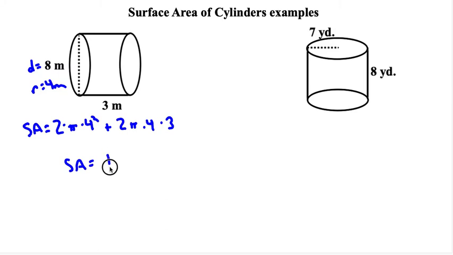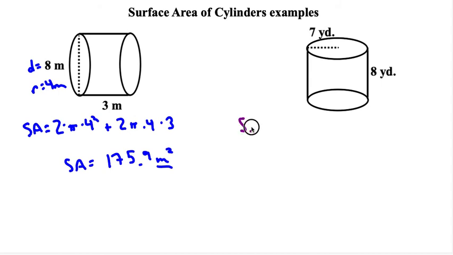Run the numbers and you should get right around 175.9, and in this case, because it's a surface area, meters squared. Remember, square units for area, cubic units for volume.